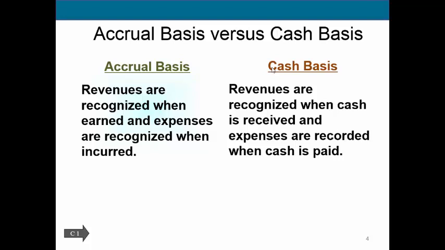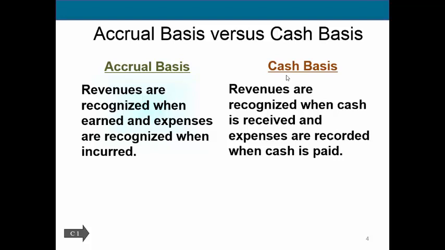On cash basis accounting, on the other hand, we would not record anything on January 1st when the sale was made. Because with cash basis accounting, we only record transactions when we get the cash or when we pay the cash. So under cash basis accounting, we would wait until January 15th when that person pays us the money that they owe.